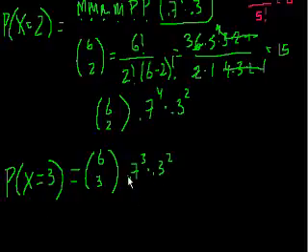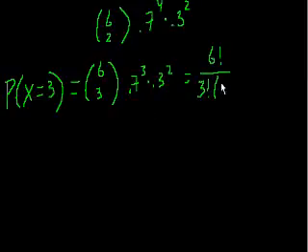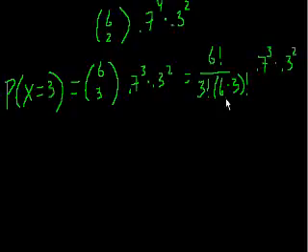That's straightforward enough, and we could calculate what that is. But hopefully you know it. Let's see, let me just do it. So that's 6 factorial over 3 factorial times 6 minus 3 factorial times this part, 0.7 third times 0.3 squared.